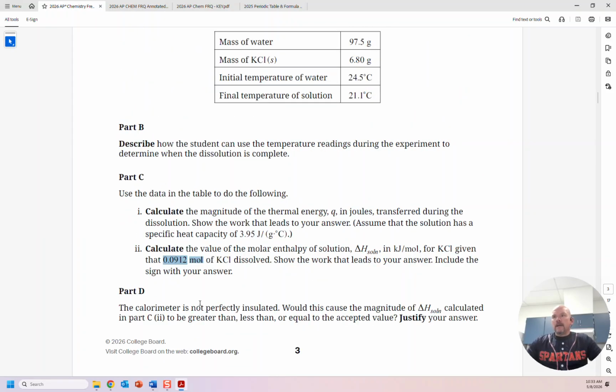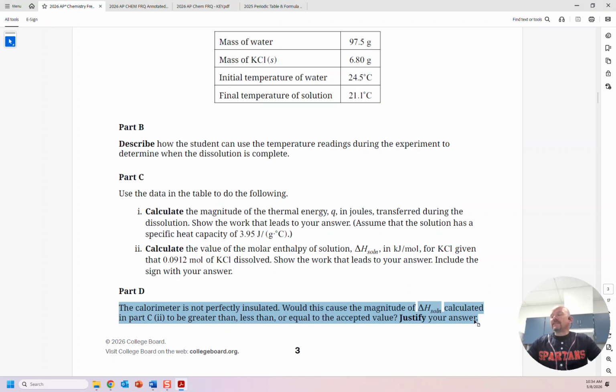Part D, the calorimeter is not perfectly insulated. We assumed perfect energy transfer from the water to the system, but obviously some of the energy absorbed as the reaction proceeds is coming from, if it's a styrofoam cup, the styrofoam cup and not just the water.